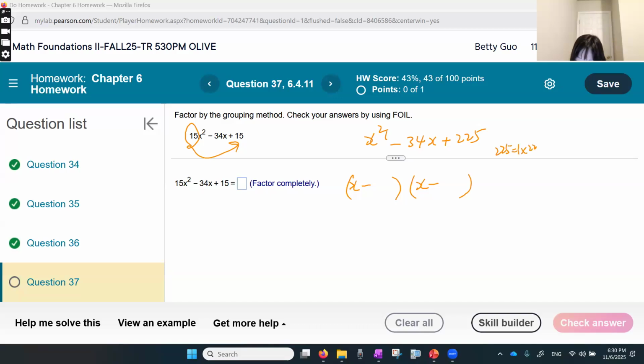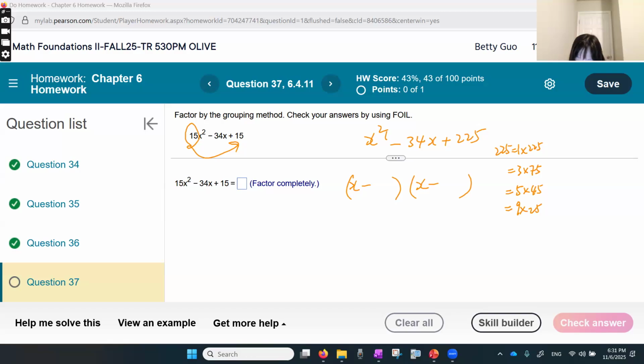It could be 1 times 225. 2 doesn't work. 3 times 75, right? 4 doesn't work. 5 times 45. 6 doesn't work. 7 doesn't work. 8 doesn't work. 9 times 25.